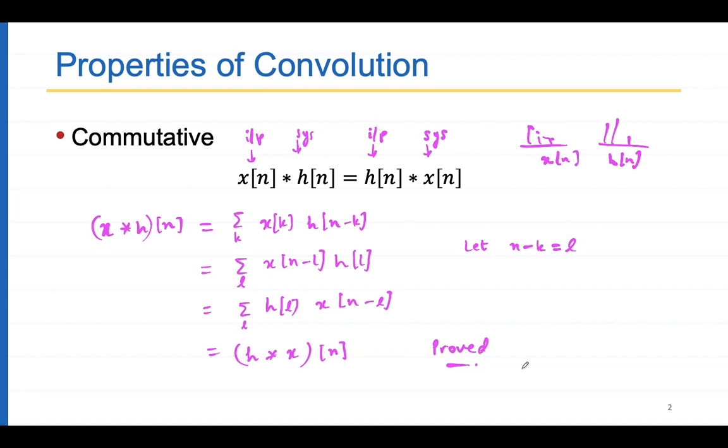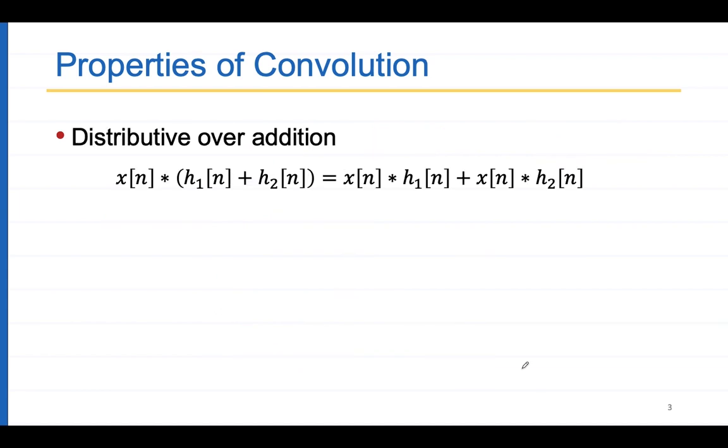Right. Let's look at another property of convolution, which is distributive over addition. Okay, what does that mean? I have x convolved with h1 plus h2.